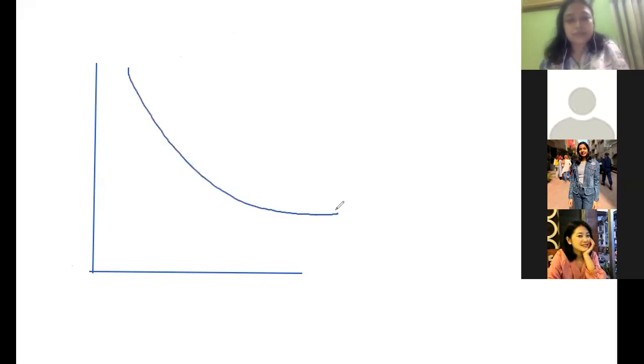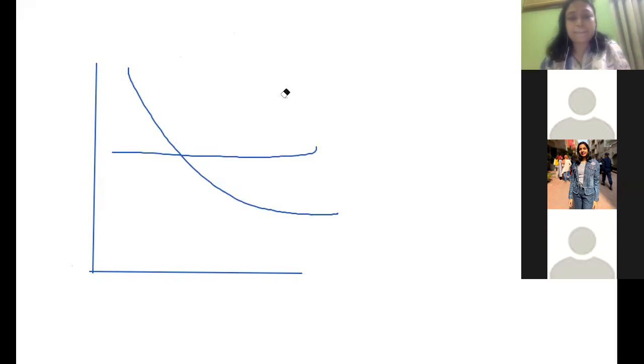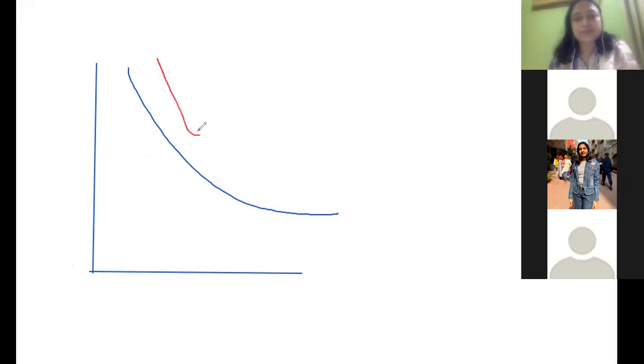If they intersect, then a huge problem arises. This is really problematic.